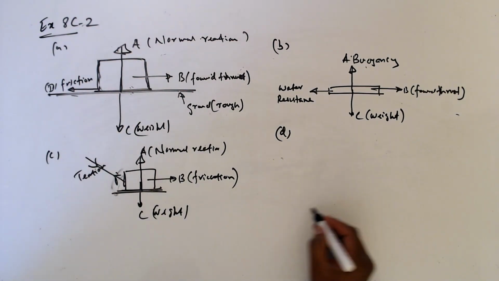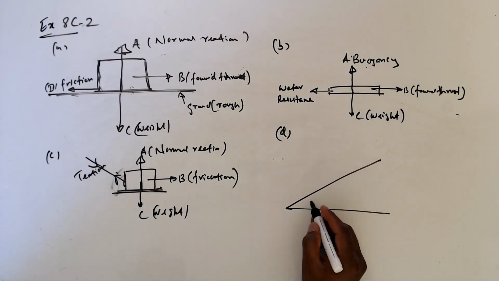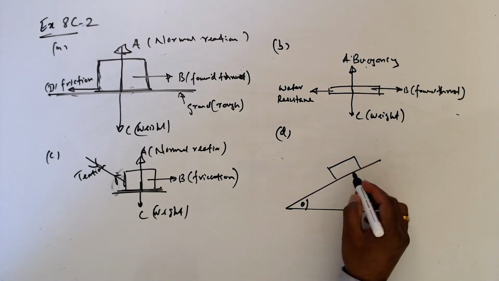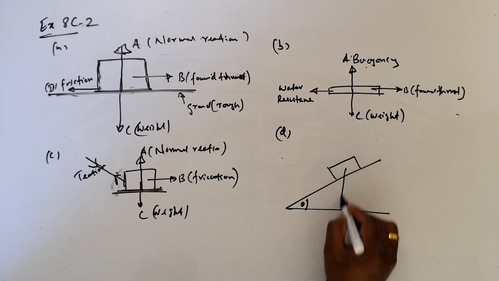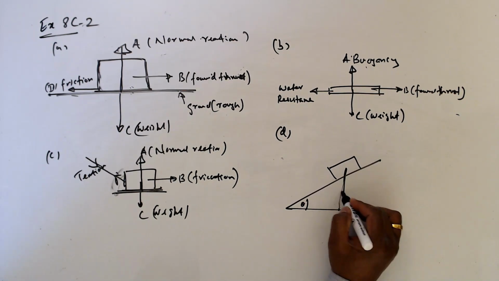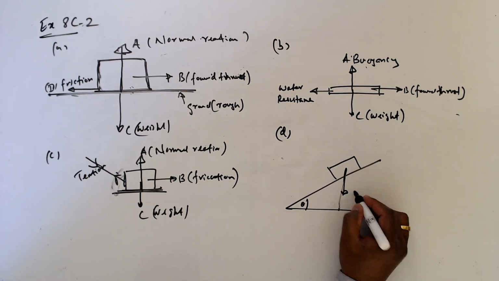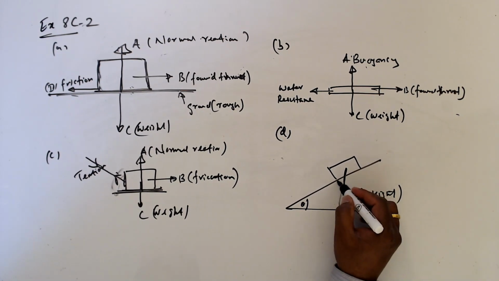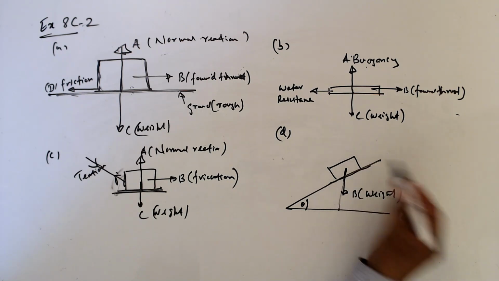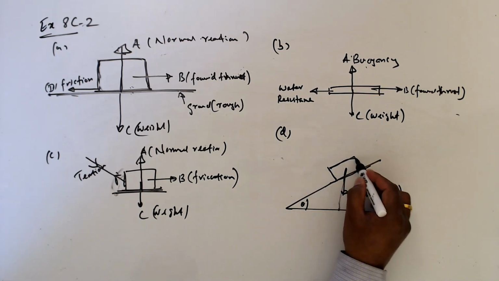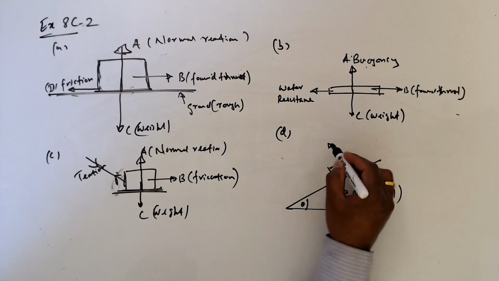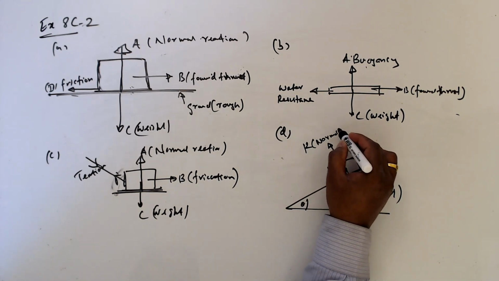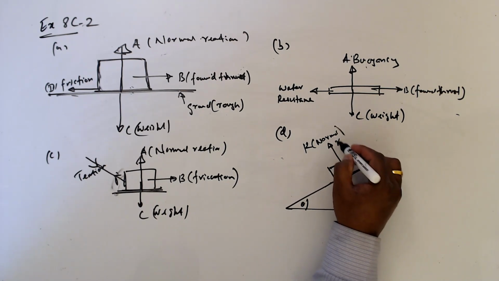Part D, a man is sliding down along the hill. So weight is here, and this is a surface, and it touches another surface, then the normal reaction, normal reaction.